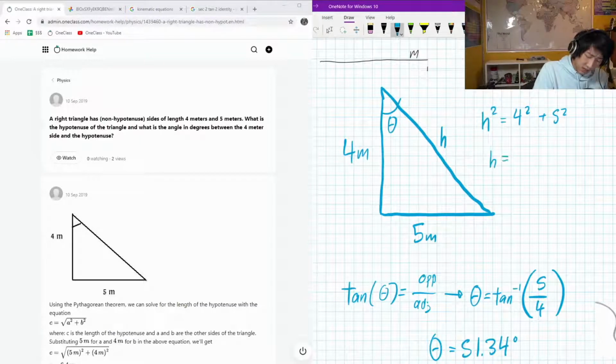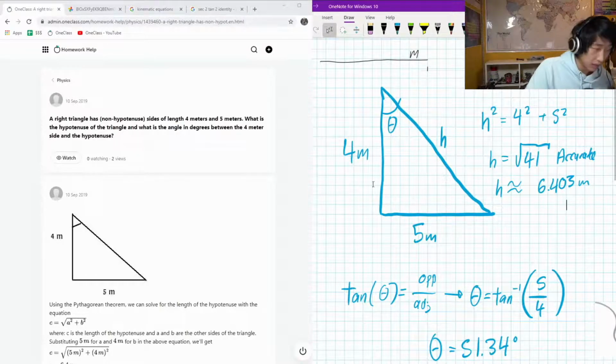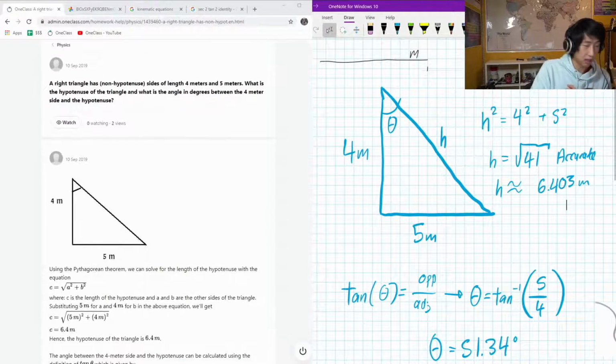So h is just going to be the square root of 41. This is the accurate answer, but an approximate answer, once we ask our calculator and round it off, is h approximately equal to 6.403 meters. Units matter as well, but this would be our answer.